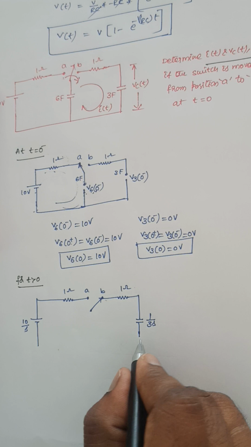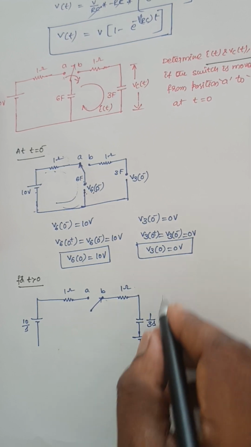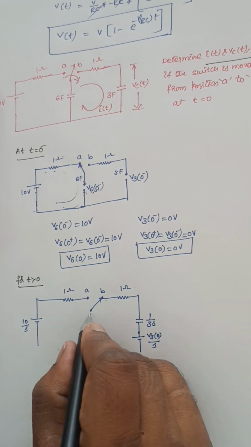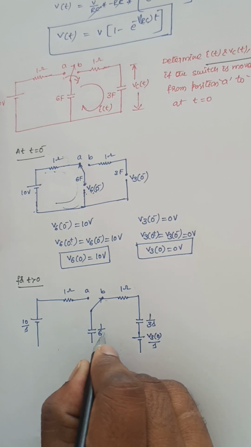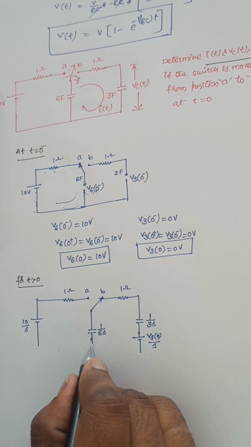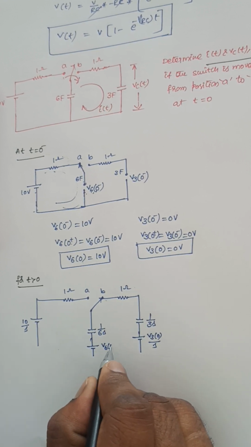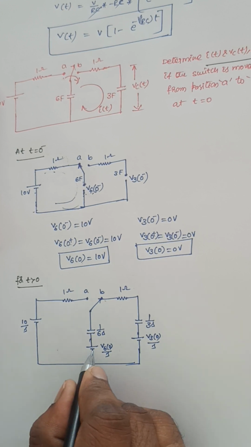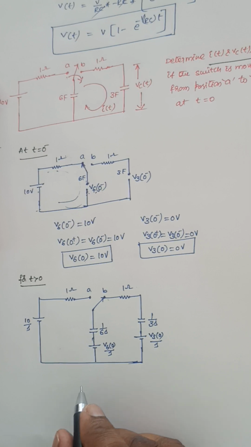The voltage across this one is V3 of 0 divided by S, and here this capacitance is 1 by 6S, and the voltage across the capacitance is V6 of 0 by S here. Now this is the representation of the capacitors for t greater than 0 in the S domain.